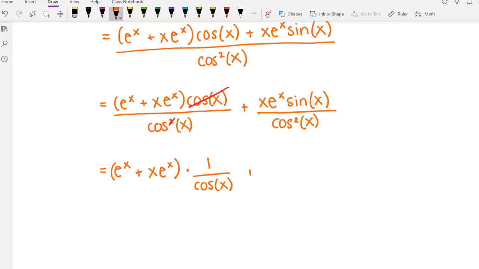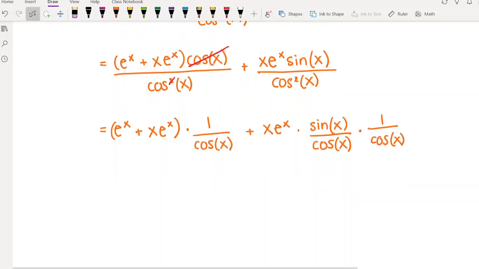And then for this other part, there are a few different ways you could think about it, but I would probably do this. So we have x times e to the x. Then we can split up this cosine squared into two cosines. So we can rewrite this as sine of x over cosine of x times 1 over cosine of x. So let's see what this gives us on the next step.